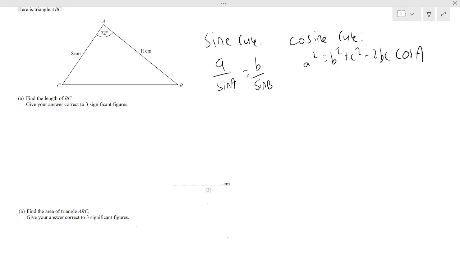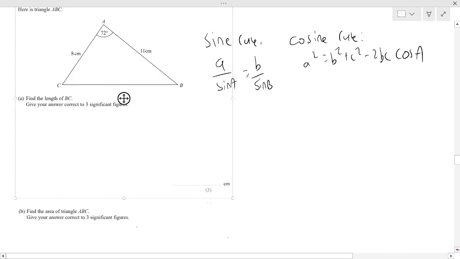Okay, so it's saying for the length of BC. So what we have here is two sides, and we need another side. So we have three sides we're working with essentially. That means we need the cosine rule. Because cosine rule works with all three sides here, a, b, and c. The sine rule works with two angles, and here we only have one angle. We don't care about any of the others, so it's cosine rule.